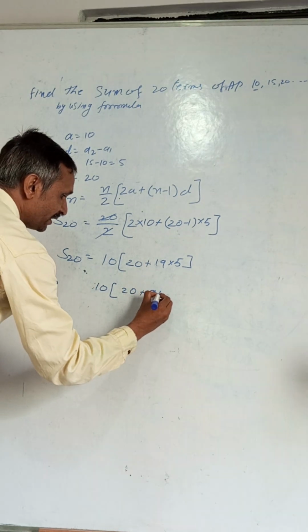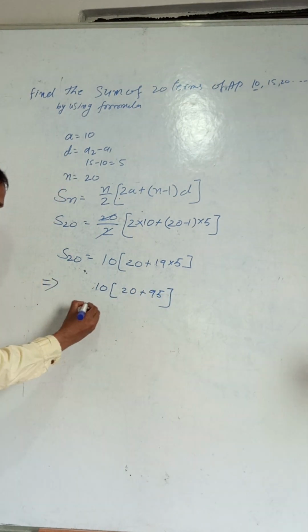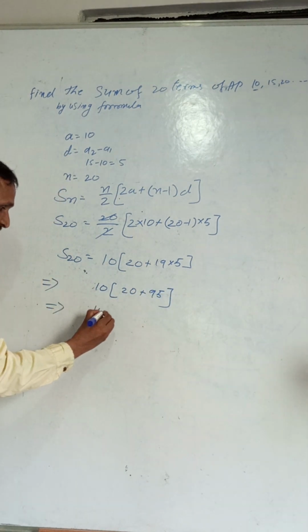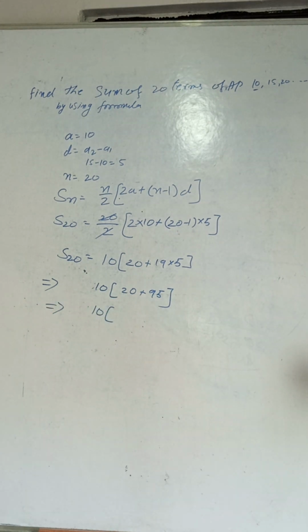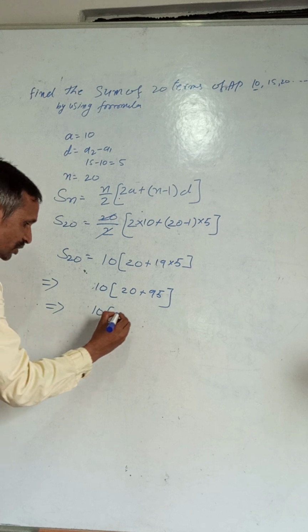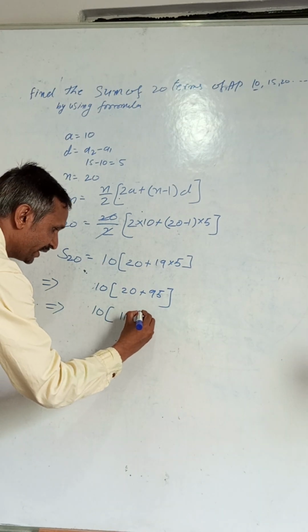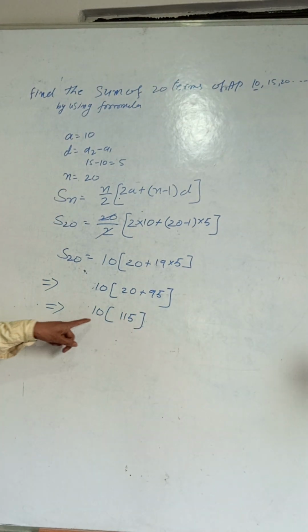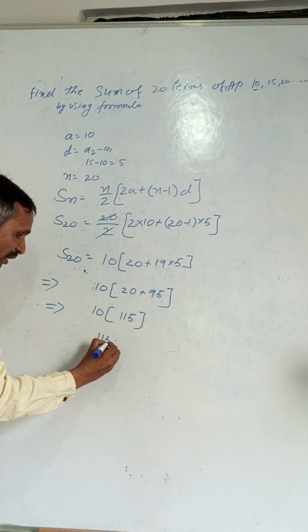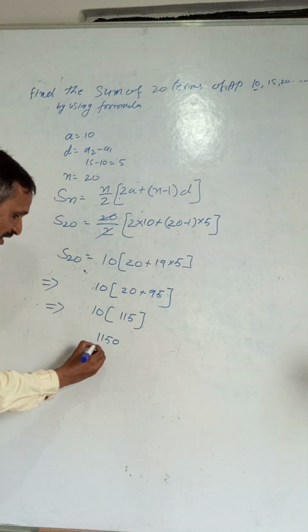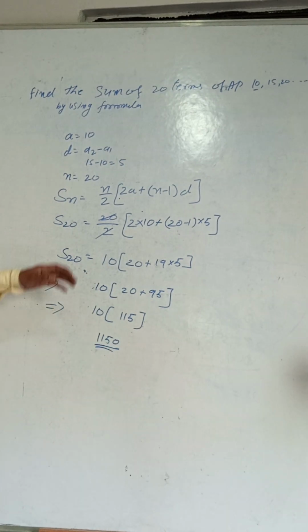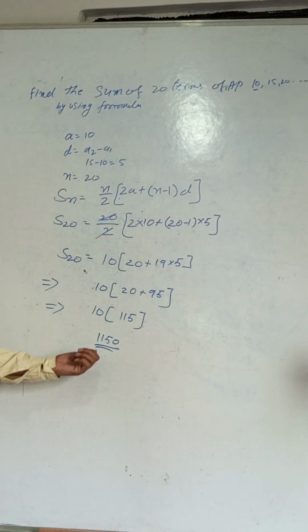Then 10 into 95 plus 20 is equal to 115. Now 115 into 10 is equal to 1150. So the sum of the 20 terms of the given AP is 1150. This is the answer for this one.